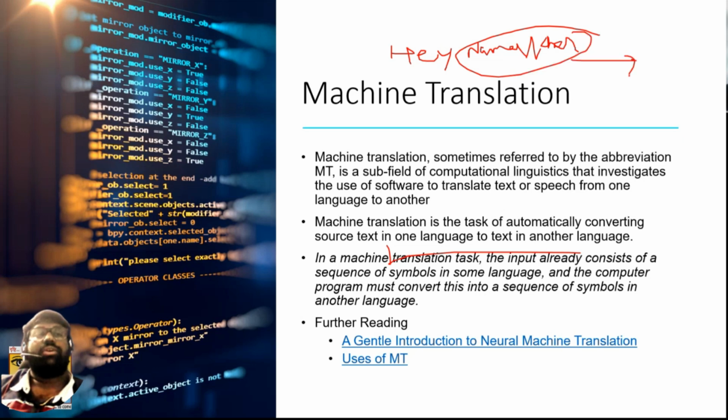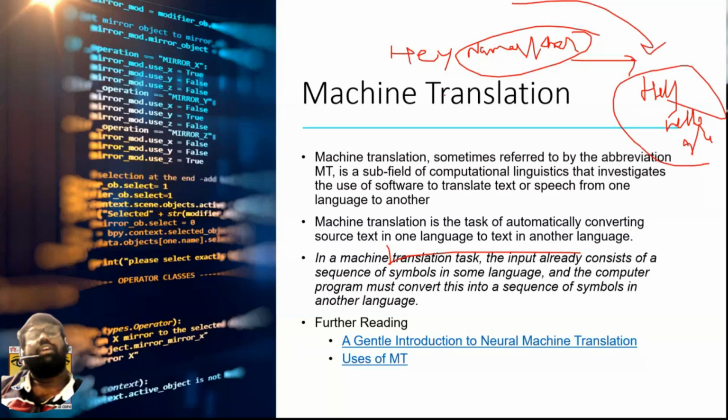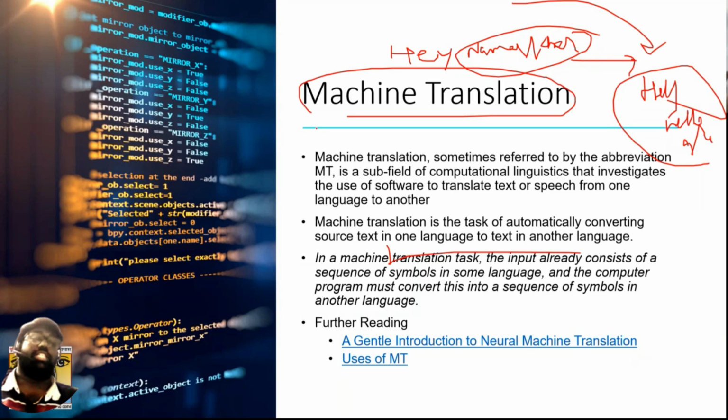If you want to translate it to English: hey, hello, greetings. To convert this, we have machine translation, where the machine translates from one language to another. It has an automatic process which converts the source text of one language to text in another language.